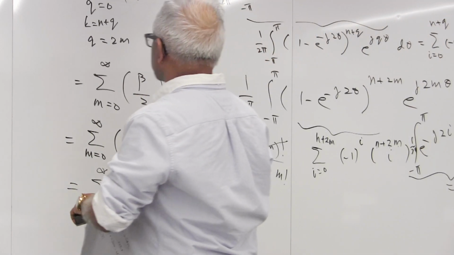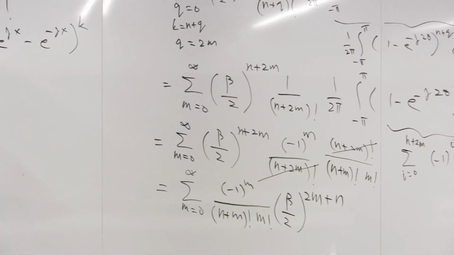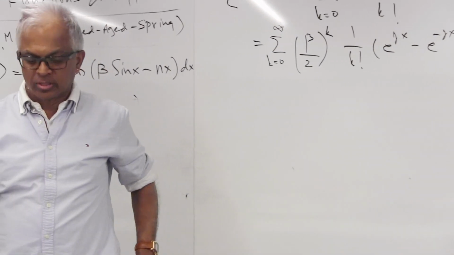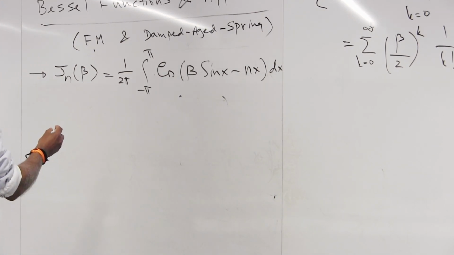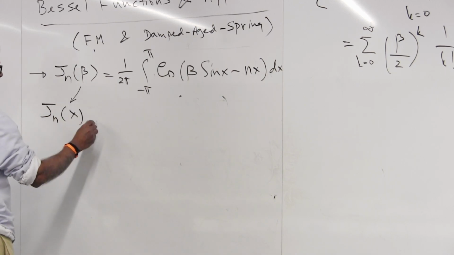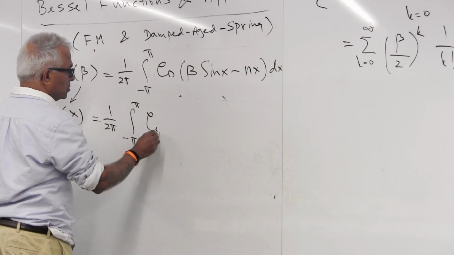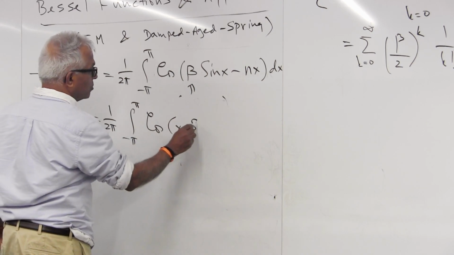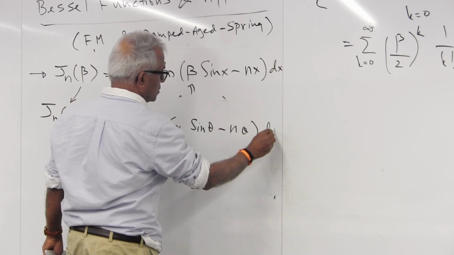So let me take the last expression. I'm going to change the variables a little bit because it's easier to write. So I'm going to also write Jn of x, instead of beta, I'm going to use x here. So this will be 1 over 2 pi, integral from minus pi to pi of cos(x sine theta minus n theta) d theta, using some other variable here.